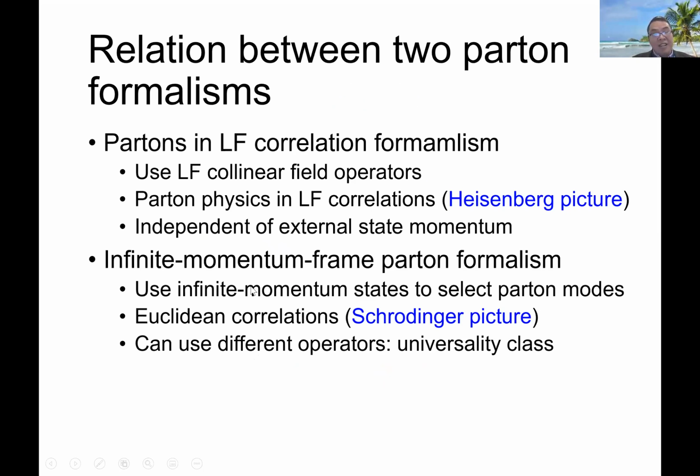In the old-fashioned Feynman formulation of partons, you use infinite momentum states to select the partons. However, the operators are very simple. They're Euclidean operators. And so this corresponds to the Schrodinger picture of partons.